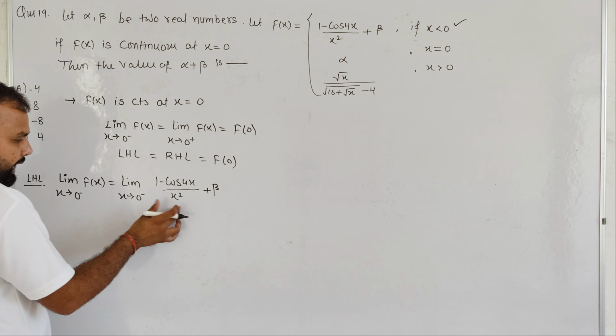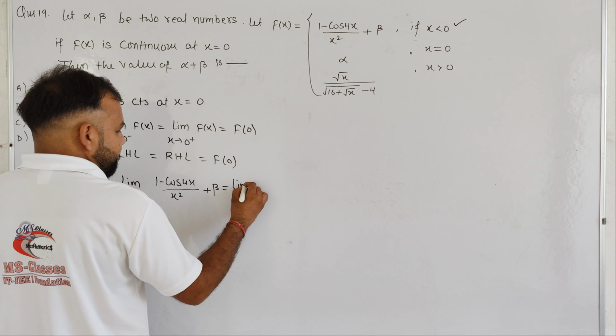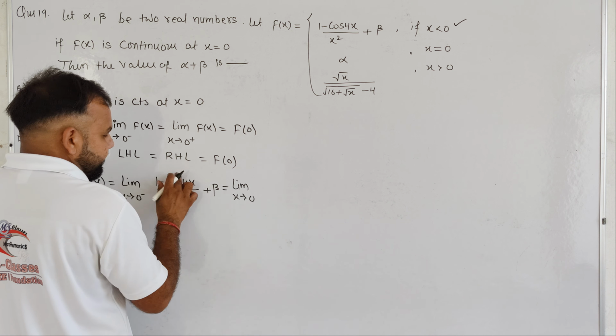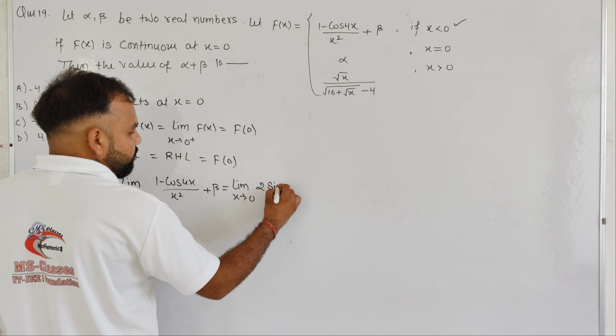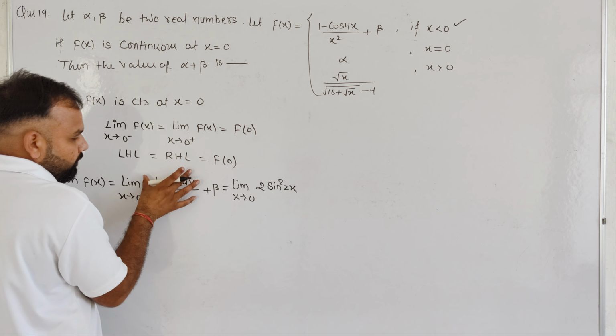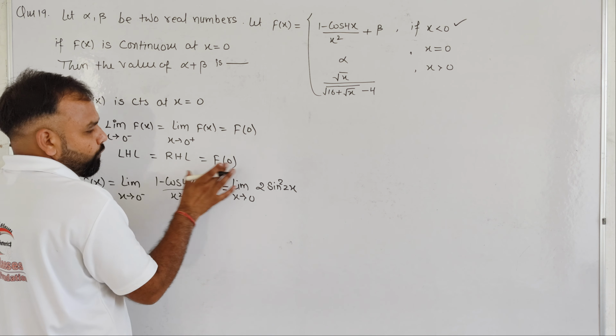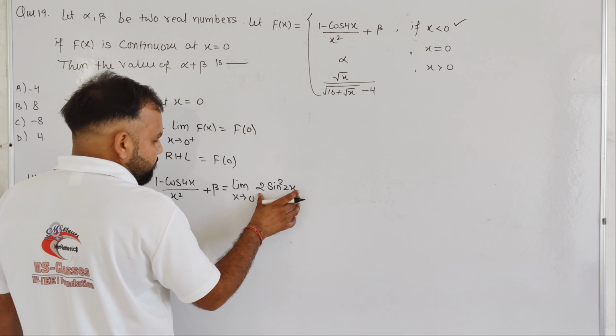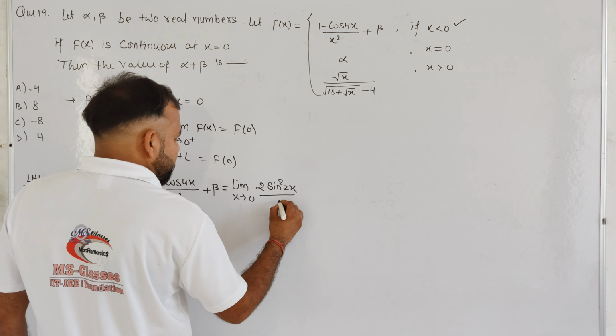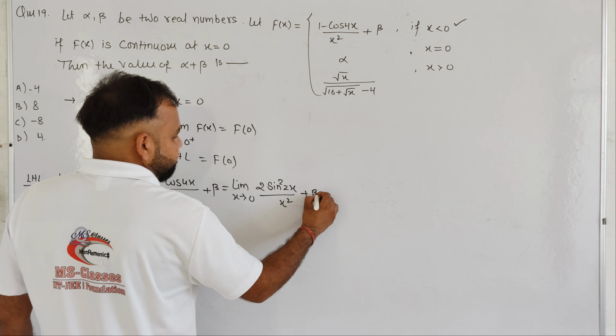Okay student, and we know very well what the limiting value is. Limit x tends to 0, by using the half angle formula, 1 - cos 4x can be written as 2 sin^2(2x) divided by x^2 plus beta.